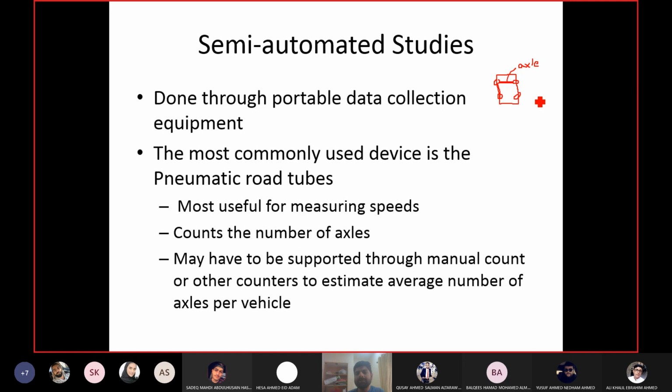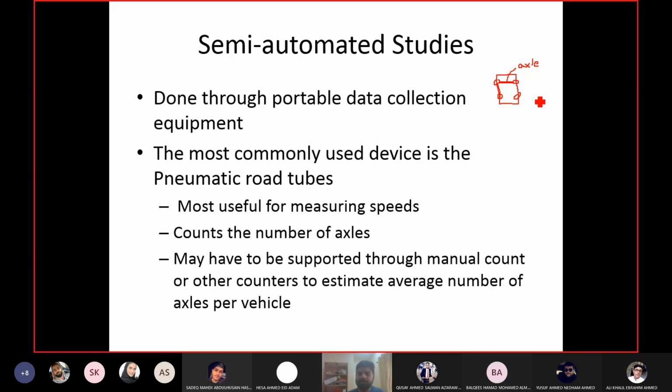You must know the average distance between two axles of a vehicle, and the pneumatic road tube is giving you the time at which the first axle crossed and the time at which the second axle crossed. You take the difference of the times, and this will give you the time. And if you know the distance between the two axles, distance upon time will give the speed.